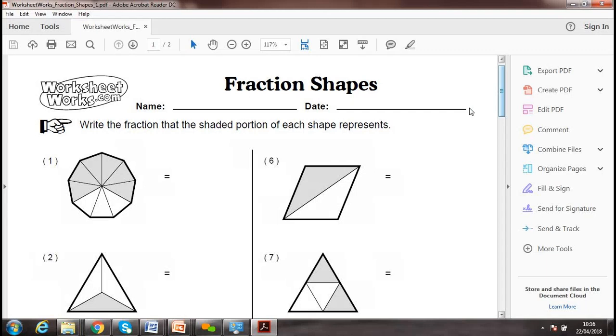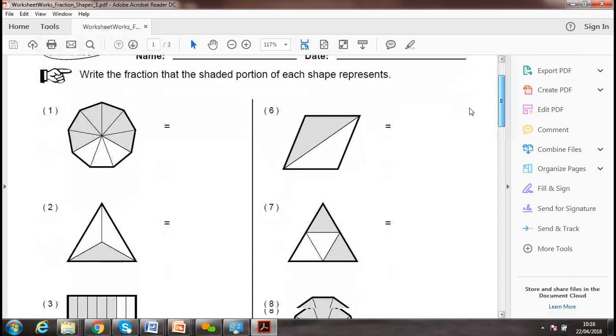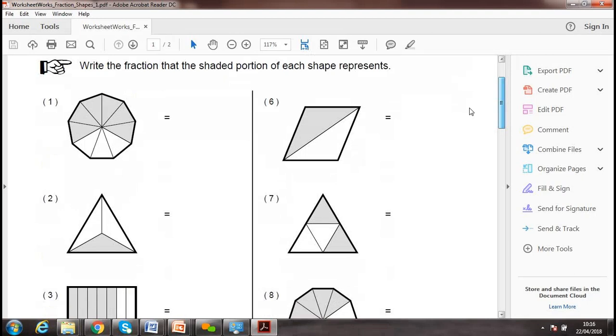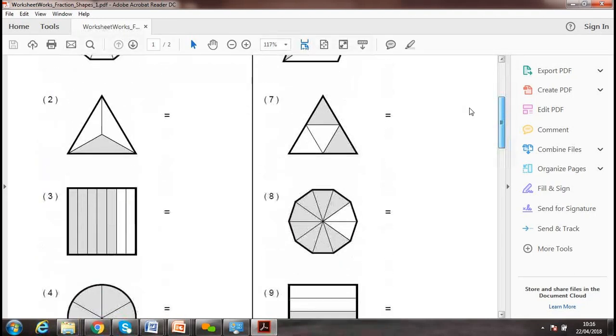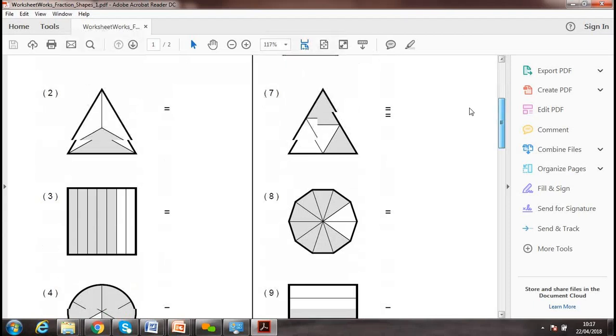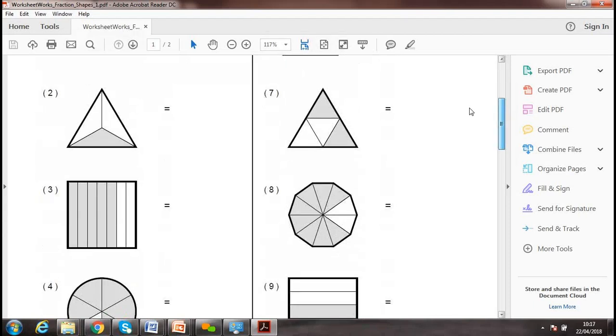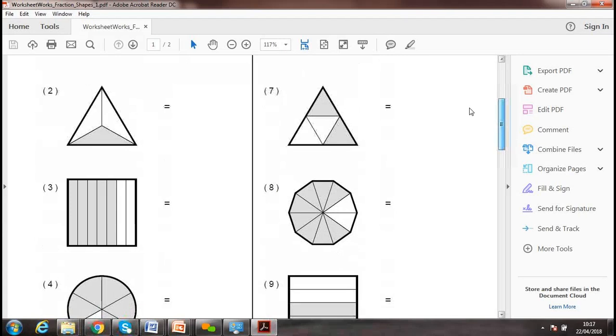1/3. 1/3. Second? Second is again 1/3. Third? 5/7.